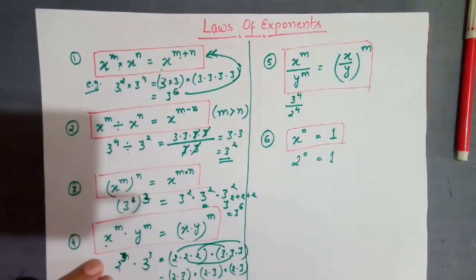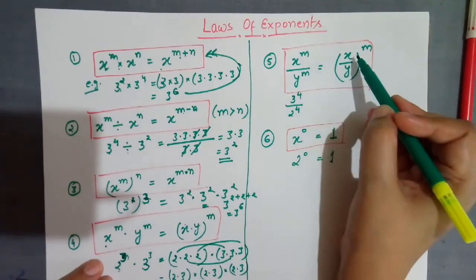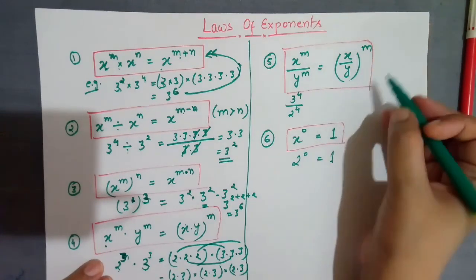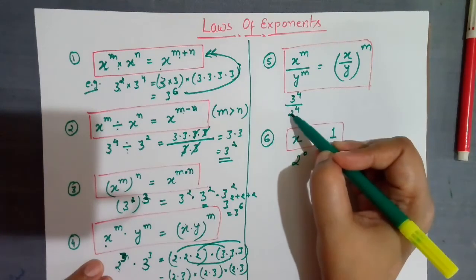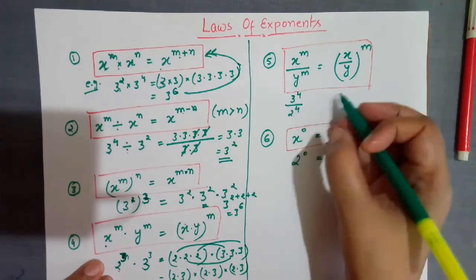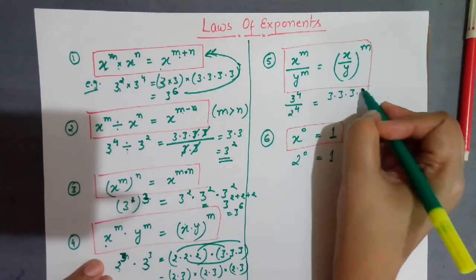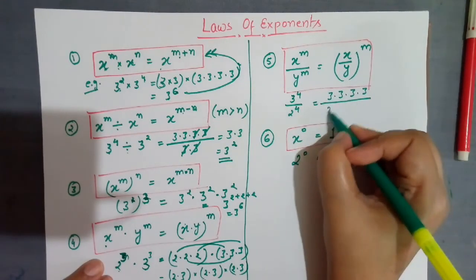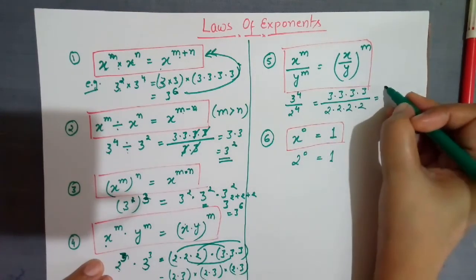Now fifth law, x to the power m divided by y to the power m is equal to x upon y to the power m. The law says, I am taking two numbers 3 and 2, different bases and same power 4. We can write it as 3 into 3 into 3 into 3 upon 2 into 2 into 2 into 2.